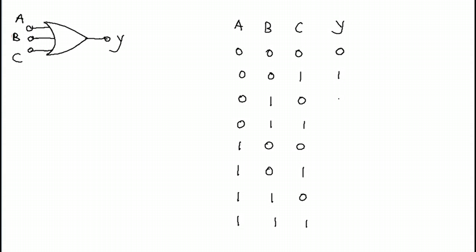In all other cases, since there is at least one of the inputs A, B, C being equal to 1, the output Y is going to be equal to 1. So that's the simple rule to draw the truth table of any general OR gate. And with this we complete our discussion of how an OR gate works.